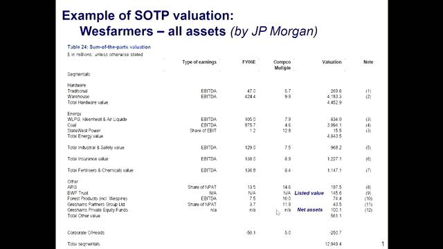These multiples are determined based on your understanding of the comparison of these business units relative to the closest competitor in the market, and you apply your judgment of a premium over the comparable firm or a discount over the comparable firm. You decide that appropriate multiple and multiply it with your forecasted EBITDA for that business unit to produce a value of that business unit, and that will give the total value, about $12 billion, $13 billion.